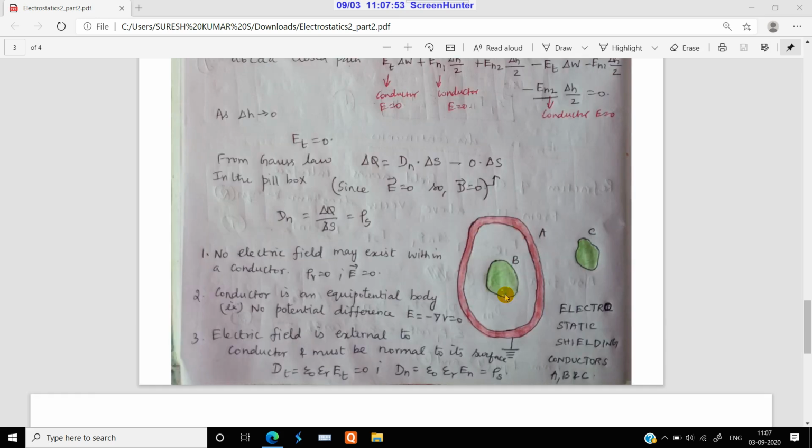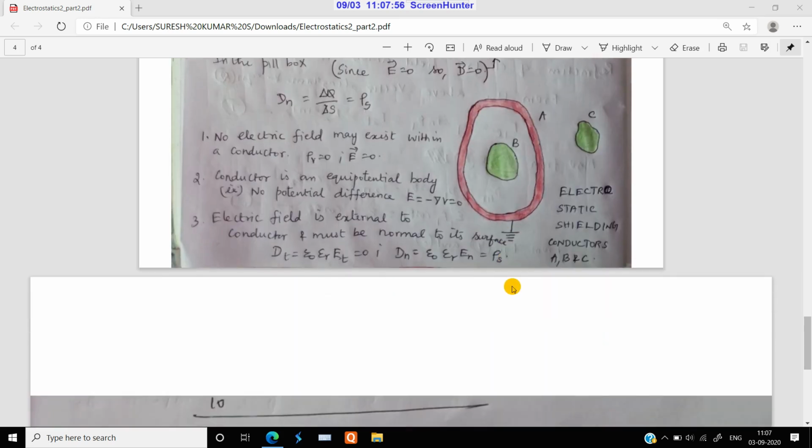So this boundary condition is applied as an application of electrostatic shielding of conductors.